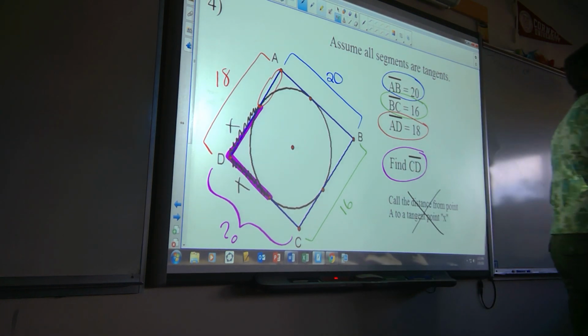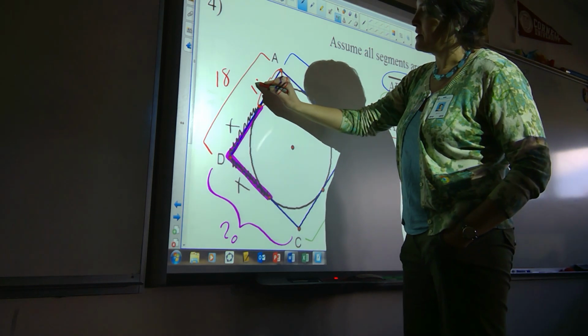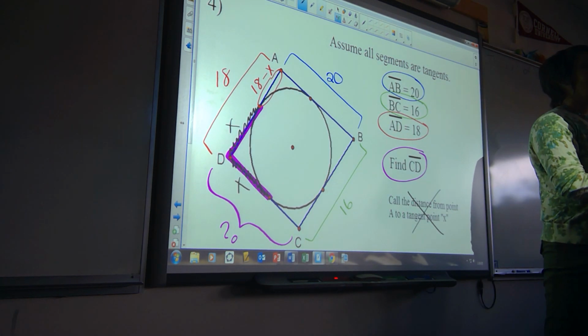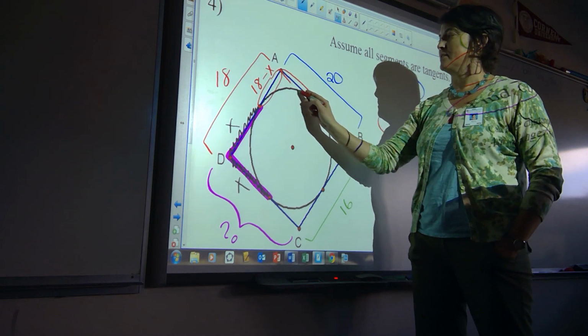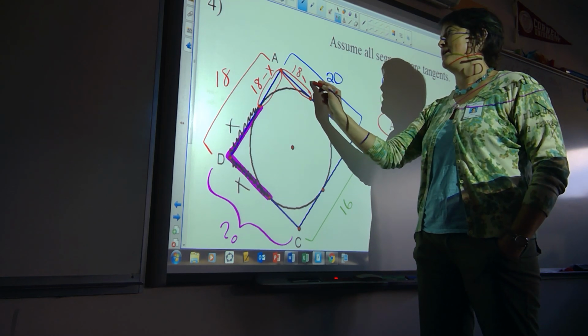Yeah, I'd have to use 18 minus x. Wouldn't it have to be 18 minus whatever x is? Okay, so let's put that there. 18 minus whatever that x was. All right, so if that's 18 minus x, wouldn't this be the same thing? Okay, so that's also 18 minus x.